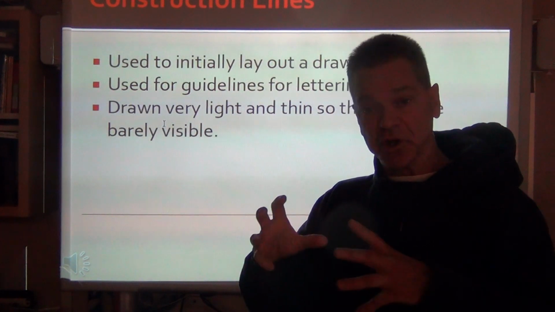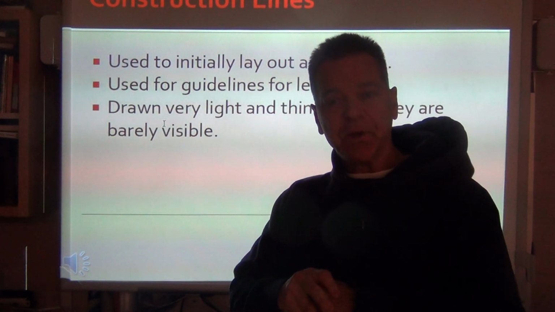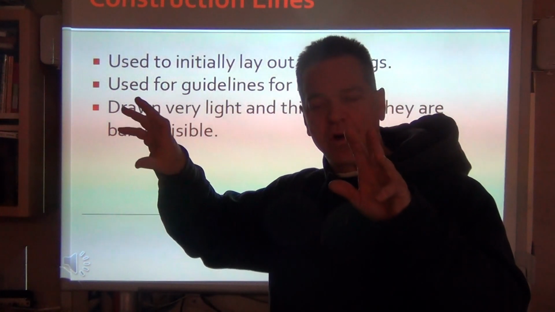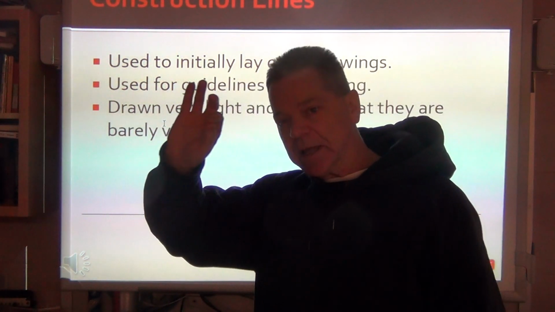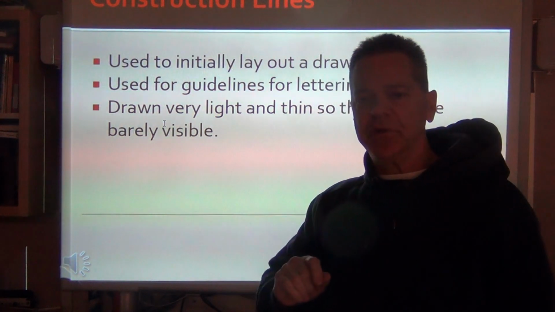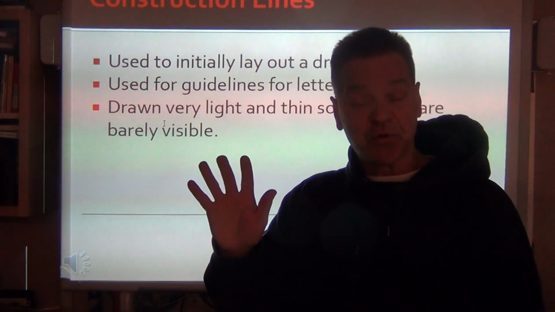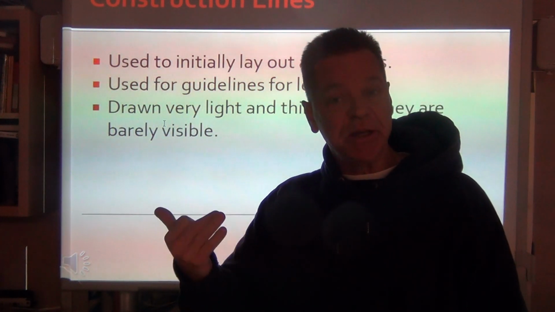It's there to help you construct the view. So if you're projecting lines across from the front view over to the right side view, just very lightly draw those lines so that you can erase away the extra later, and so it'll erase cleanly. Right?